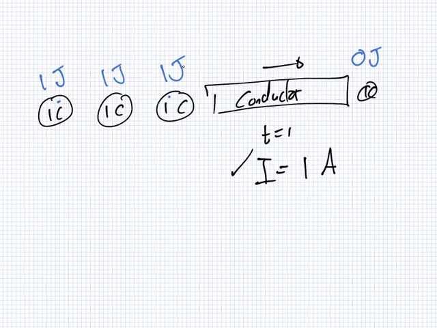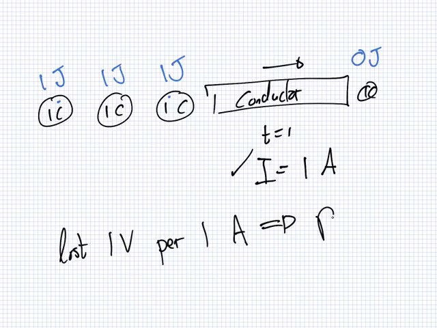So because it lost 1 volt per 1 amp, we say then that the resistance is 1 ohm. This drop in its ability to carry potential energy, we call that a resistance. The charge has lost a joule, so we say there's 1 ohm of resistance.